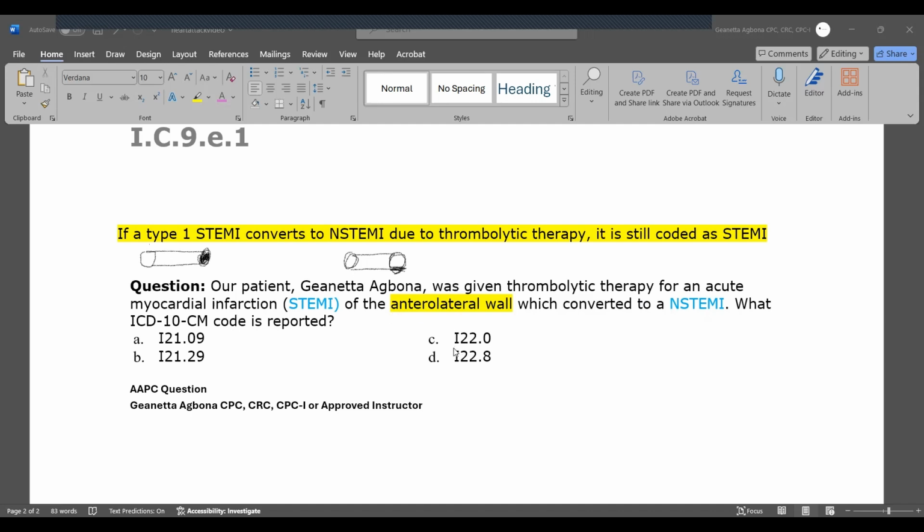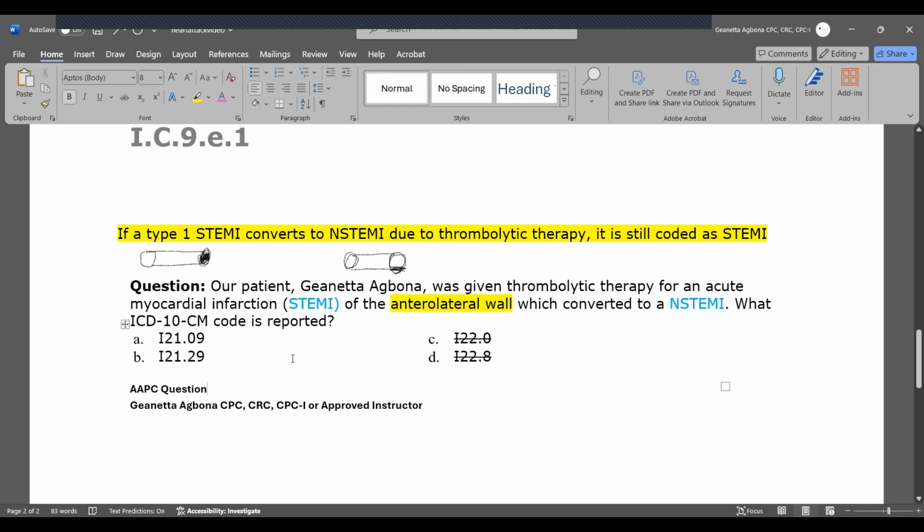Well, on this side for C and D, I am seeing I22. This would be great to discuss in another video, but typically those I22s are for subsequent heart attacks, which have happened within 4 weeks, or 28 days.